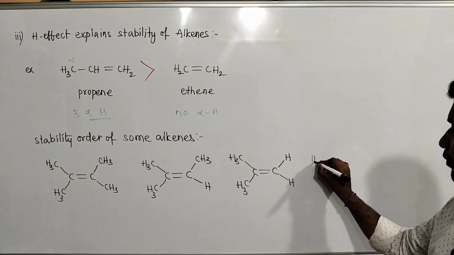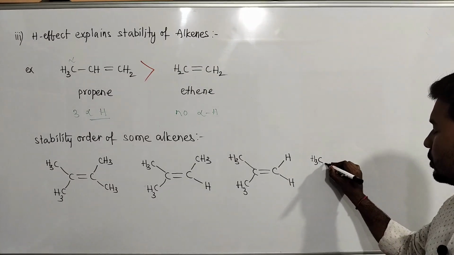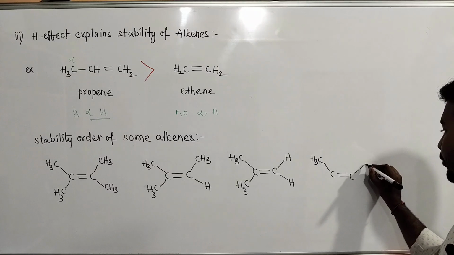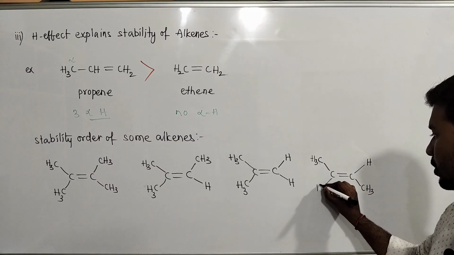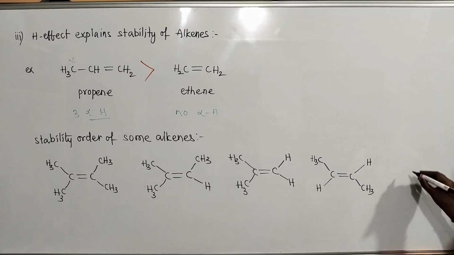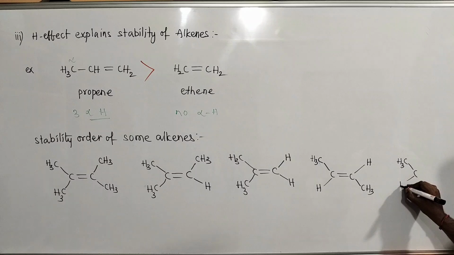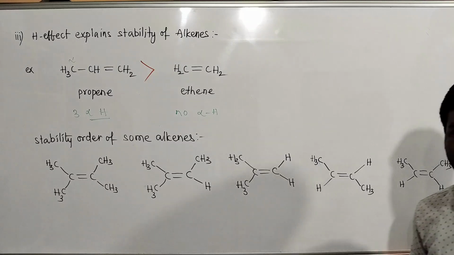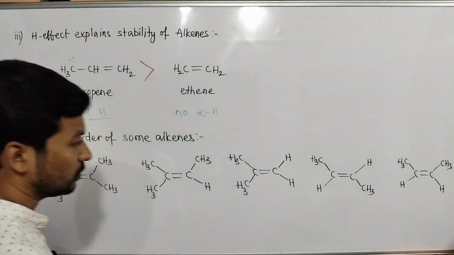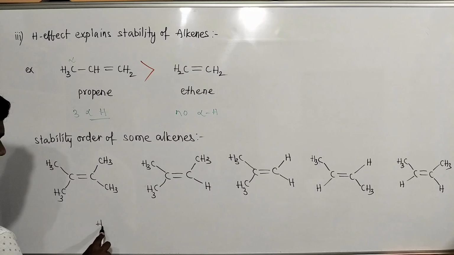Compared to trans-but-2-ene, trans-but-2-ene is more stable when compared to cis-but-2-ene, which is more stable when compared to propene.